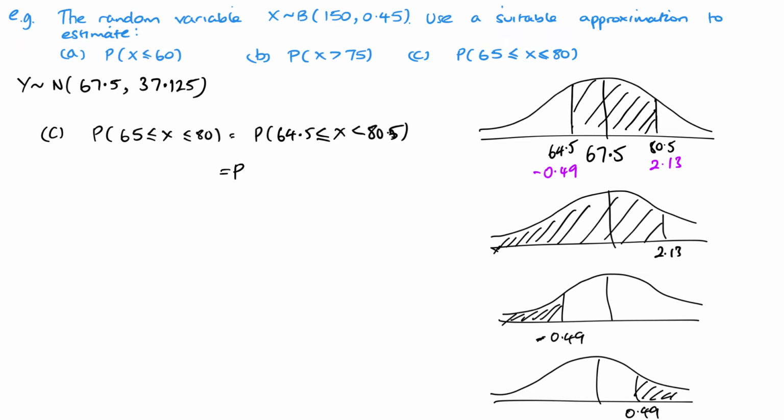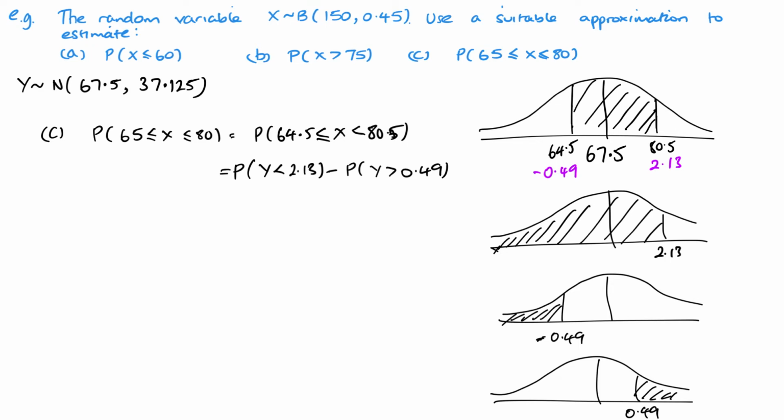So let's write that down. We are looking at the probability of y being less than 2.13, subtracting the probability that y is greater than 0.49. From these sketches, I think it should be obvious: everything to the left, subtract this bit, and to find this bit I need to look at the symmetrical version of it and do 1 minus.